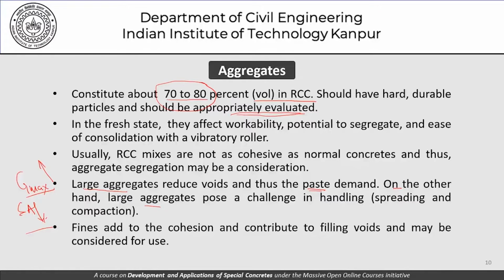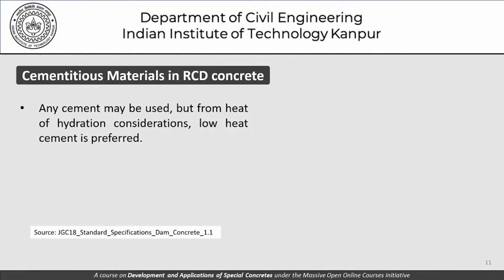for roller compacted concretes. As far as cementitious materials in RCD, that is roller compacted dam concrete, is concerned, we could use any type of cement that we want, but from a heat of hydration consideration, we've seen this before, low heat of hydration cement is preferred.